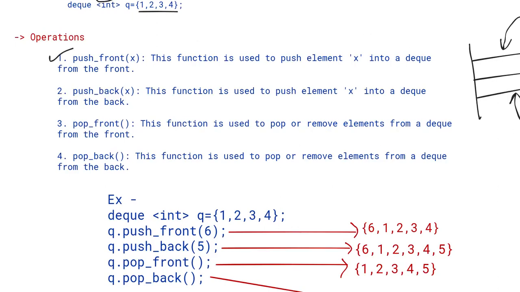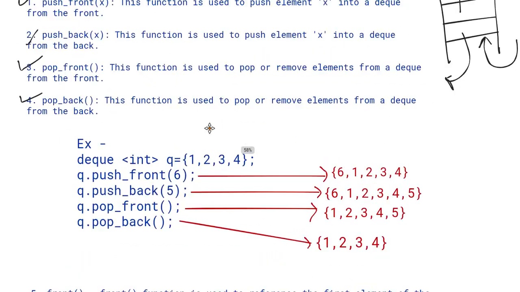See, like this. You can add elements from the front, you can add elements from the back, both like stack and queue. Okay, and we have pop_front, which will pop the first element at the top, and obviously we have pop_back, which pops the last element of the list.